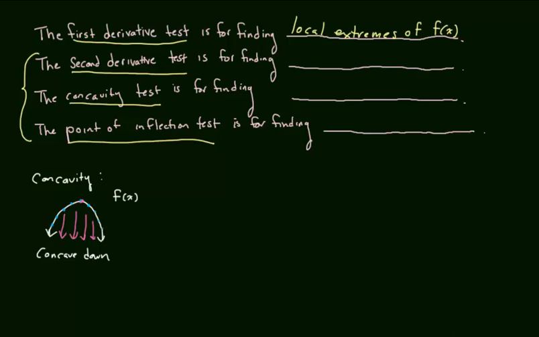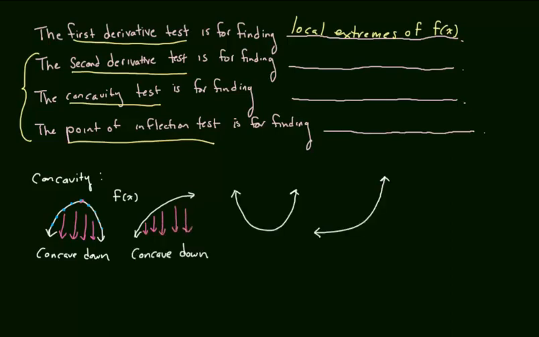Now, some functions are less obvious in their concavity. For instance, take a look at this one. Even though that doesn't look like the traditional cave, we would still say that it is concave down in appearance. If we look at these functions, notice that the cave is facing up.